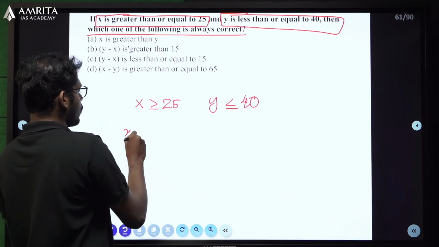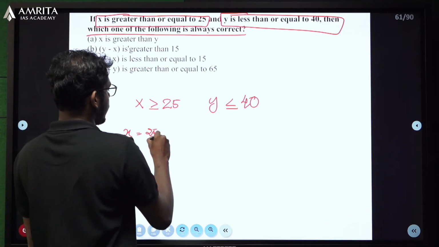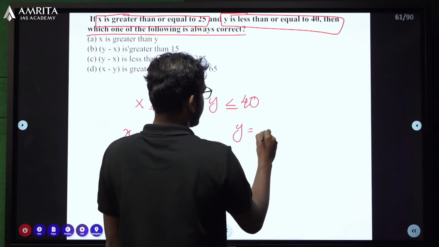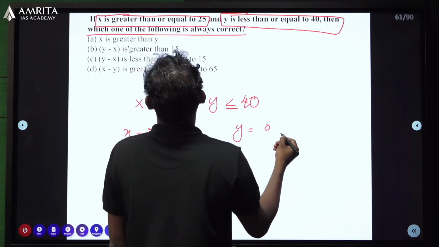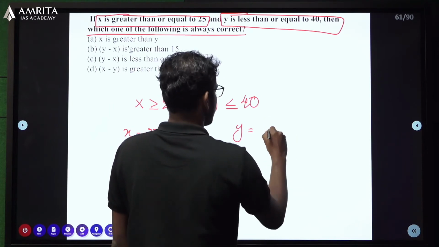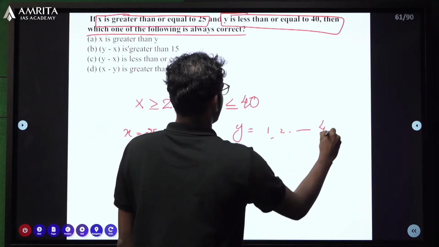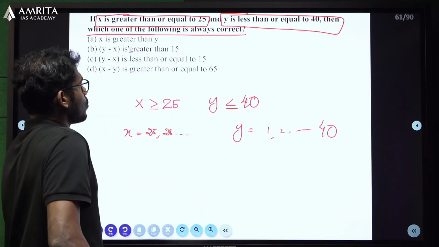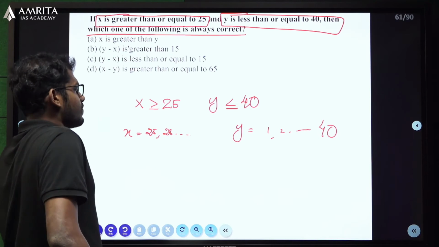So x can have values 25, 26, etc., and the value of y is 0, 1 or 1, 2 up to 40. Then which one of the following is always correct? X is greater than y.